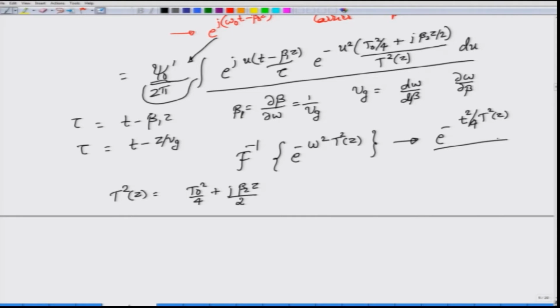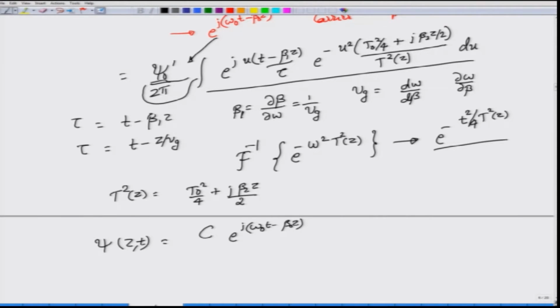So, the final result psi of zt is given by all those constants as c, because there is an inverse Fourier transform, there would be one more constant. So, let us call all those constants some constant c, okay. And you have the carrier term arriving here with its own phase velocity e power j omega 0 t minus beta 0 z, and then you have the Gaussian function.